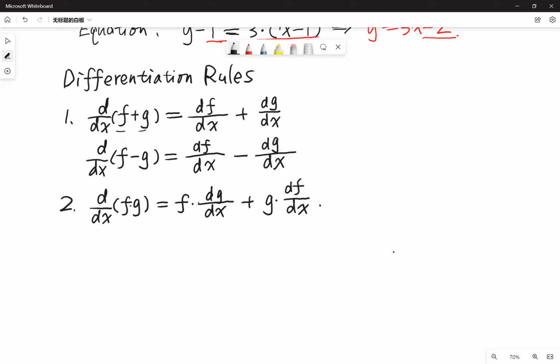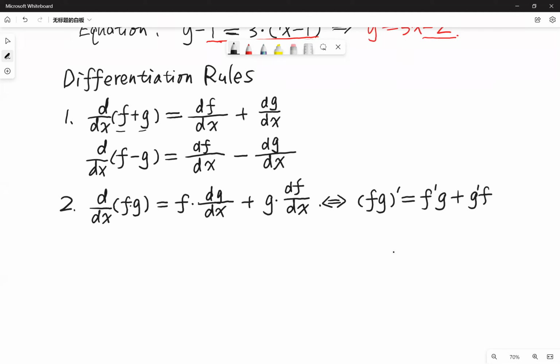And also, we can write this one in another form. It's equivalent to the product equals f prime g plus f g prime.